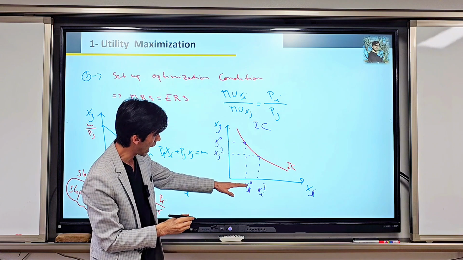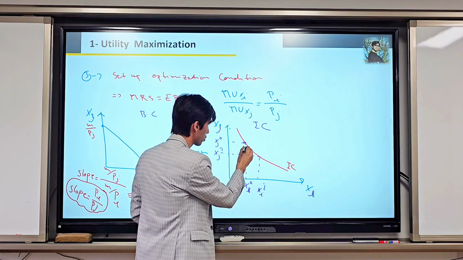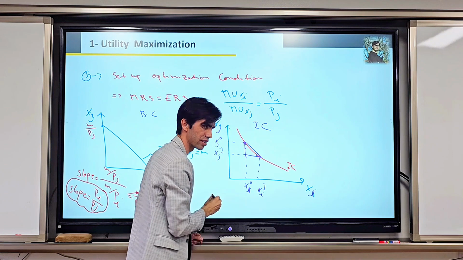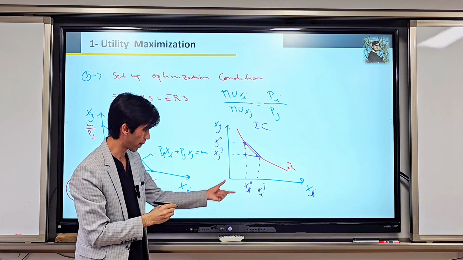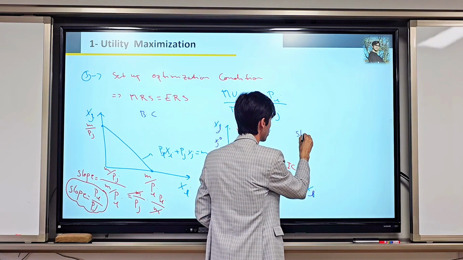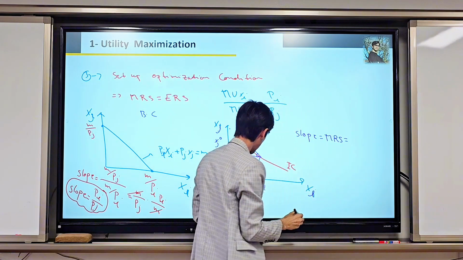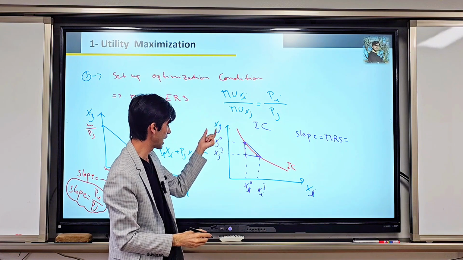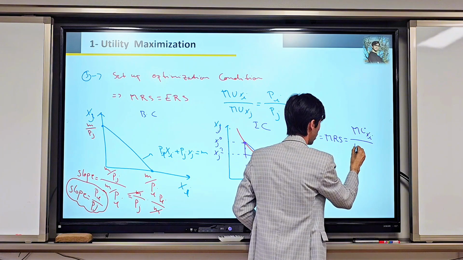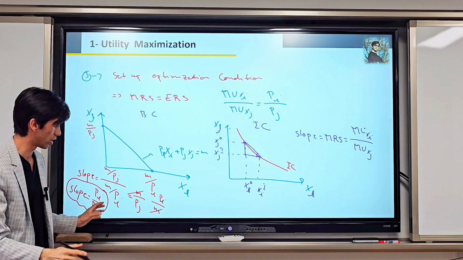So in order to know how much we should increase xi and how much we should decrease xj, we need to know the slope of this indifference curve at this point, which is equal to the marginal rate of substitution. The marginal rate of substitution of xi for xj is equal to the marginal utility of xi divided by the marginal utility of xj.